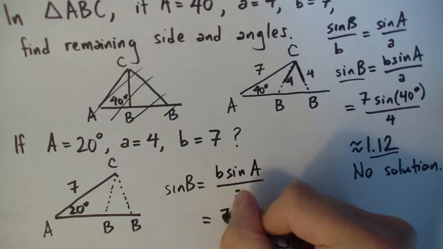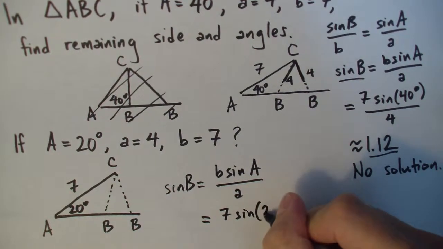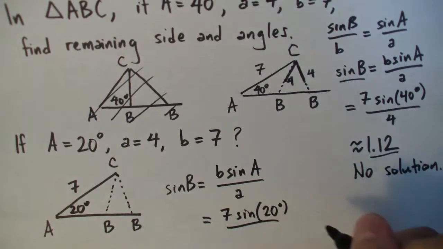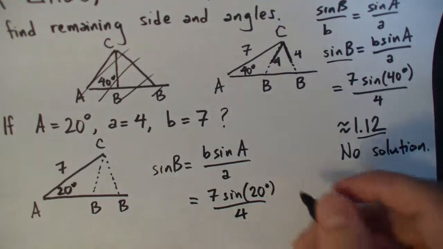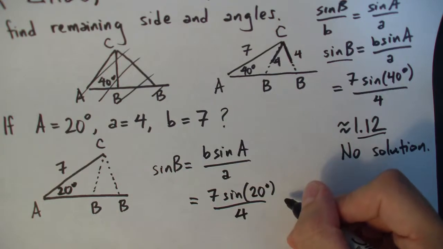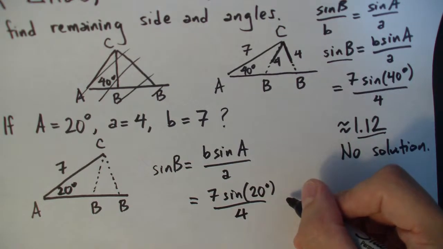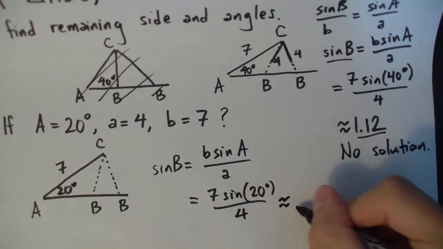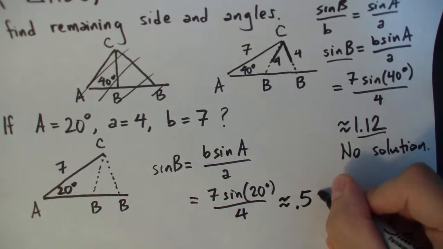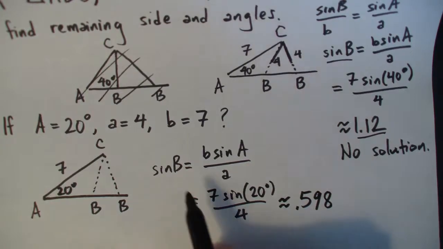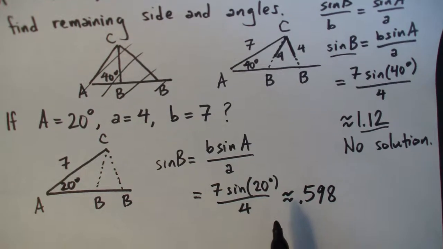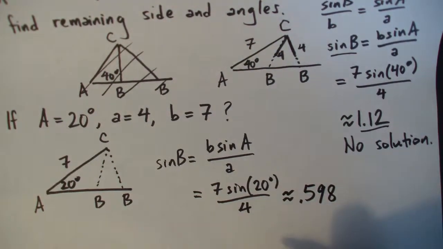b in this case was 7. A now is 20 degrees. And again, little a is 4. All right, now if we compute this, what we get is that this is approximately 0.598. And that is a perfectly valid value for sine of B. And so what we can find is, well, we can take the inverse sine.